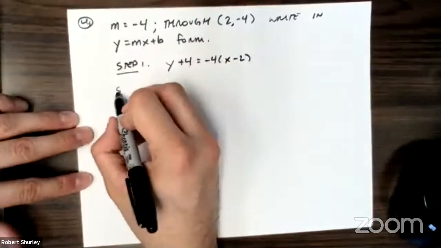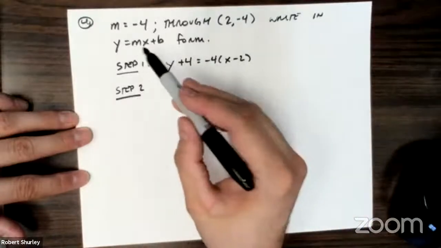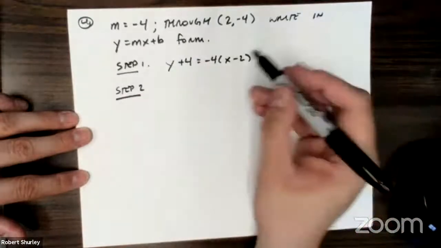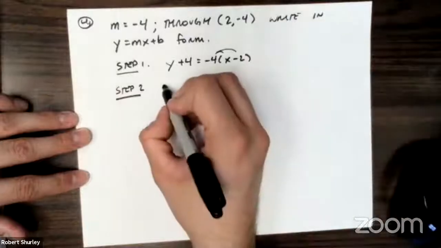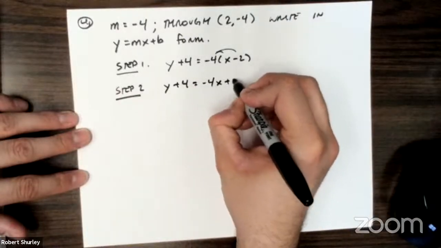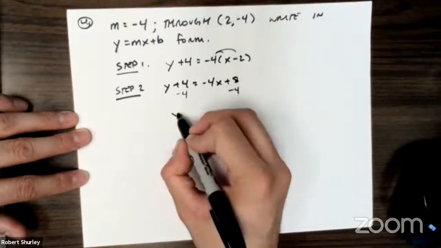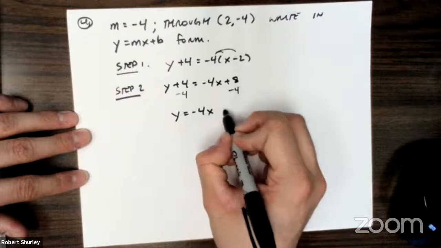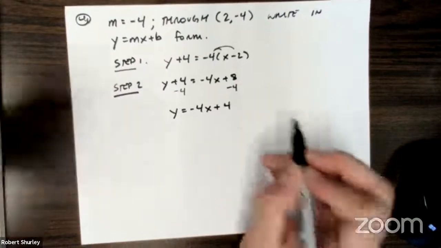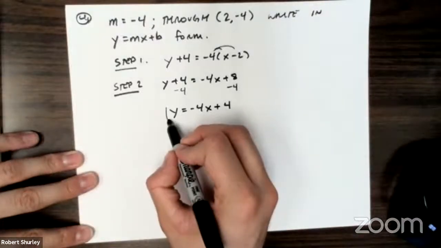And then step 2, all we're going to do is solve for y. We're going to manipulate this thing into y equals mx plus b. Well, I've got to distribute the -4, so I get y plus 4 equals -4x plus 8, right? And then I've got to subtract the 4, and I get y equals -4x plus 4. Yep, that's it.